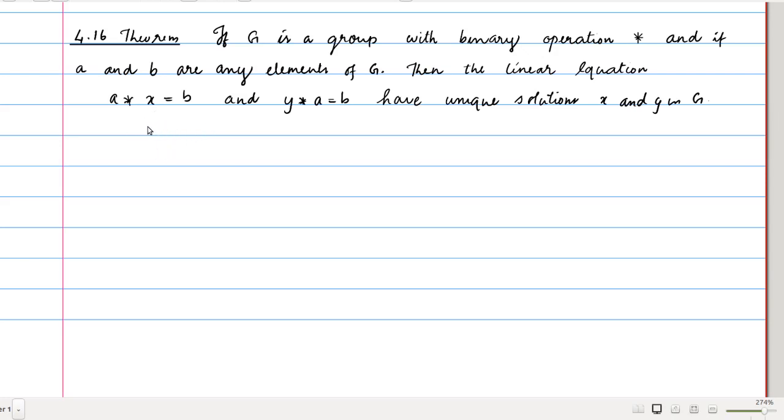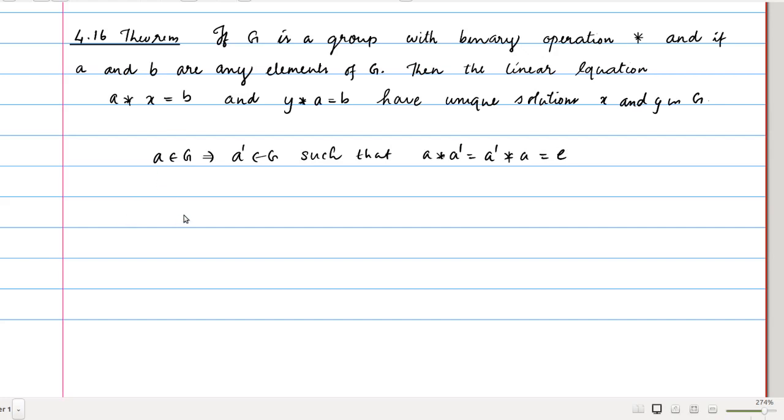First of all, we will prove that there is a solution in this group G. For that we consider A belongs to G, which implies that A prime, the inverse, belongs to G such that A star A prime is equal to A prime star A, which is equal to the identity element.